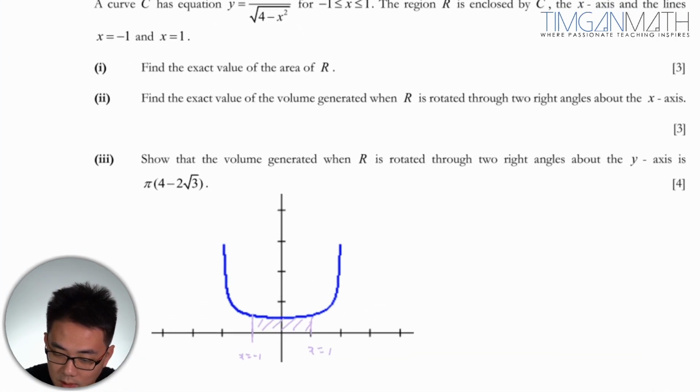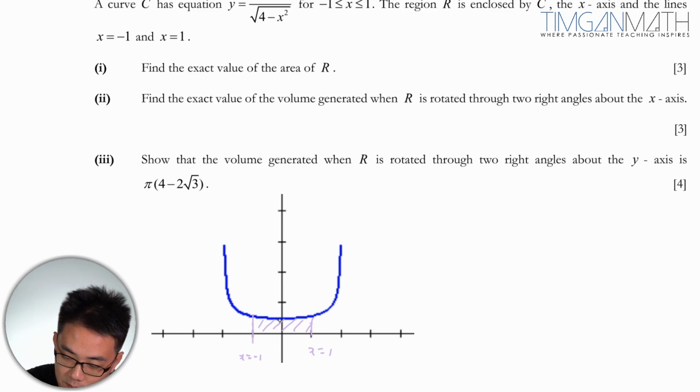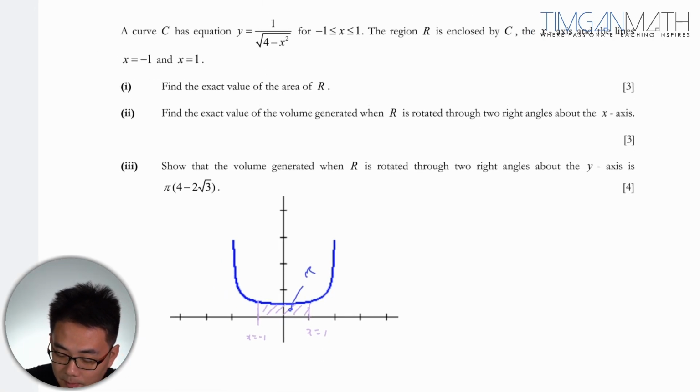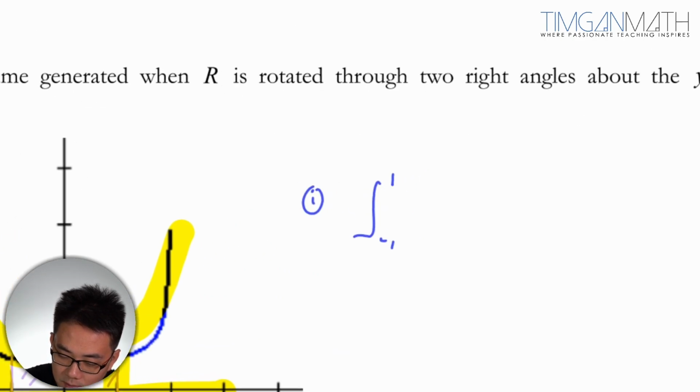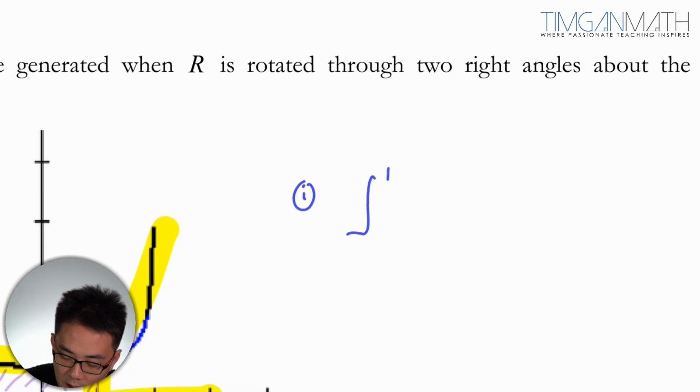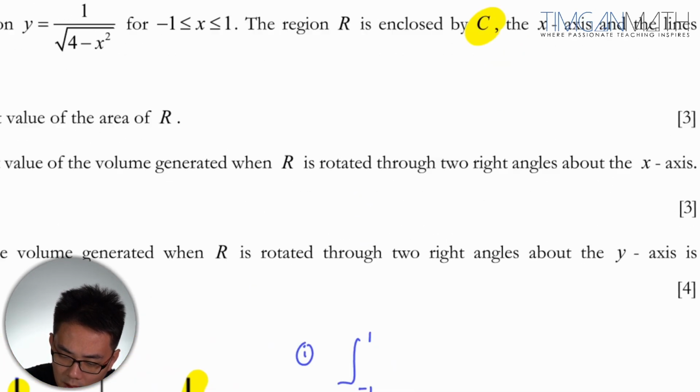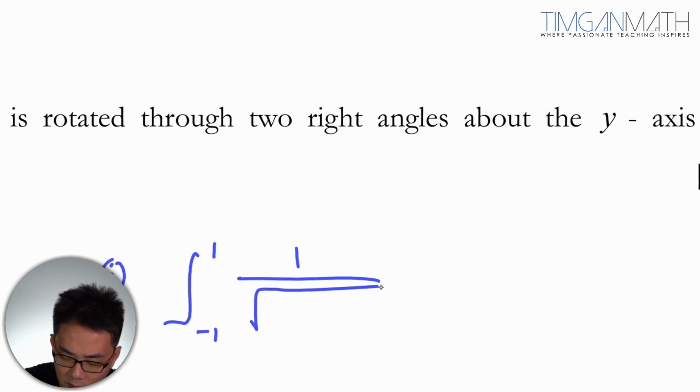So what I'm going to do is find the exact area of R. This is my R, because you are told that it is enclosed by C, which is this, the x-axis, and x equals -1. So it's just a simple integral here. This will just be the integral from -1 to 1 of 1 over square root of 2 squared minus x squared dx.